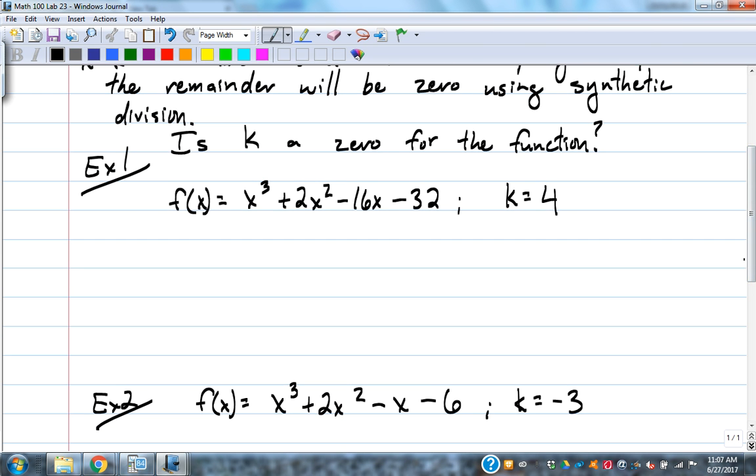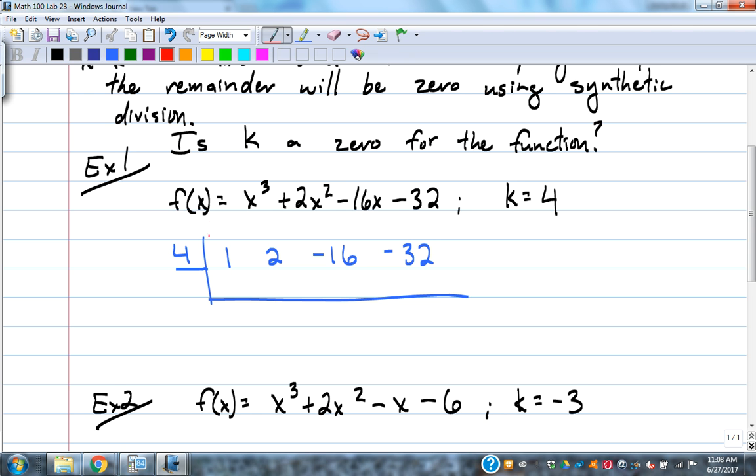And so example 1, they give us this function, f of x is equal to x cubed plus 2x squared minus 16x minus 32. We want to test for k equal to 4. So when we set up our synthetic division for this problem, we put a 4 on the shelf, then we have 1, 2, negative 16, negative 32.